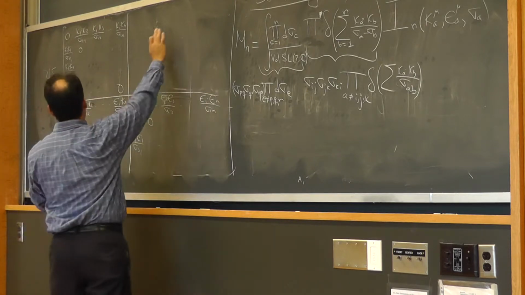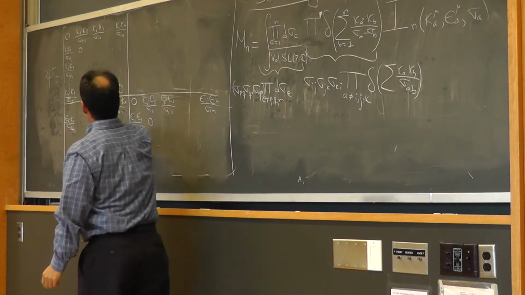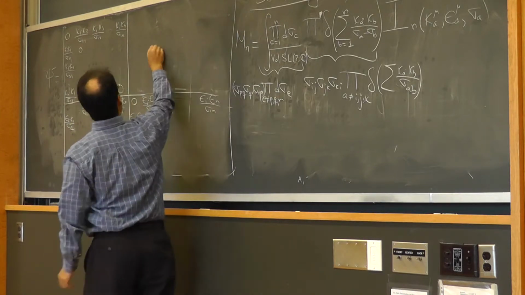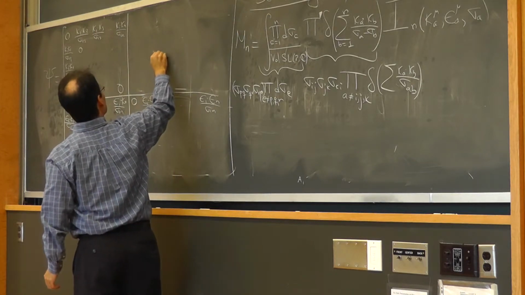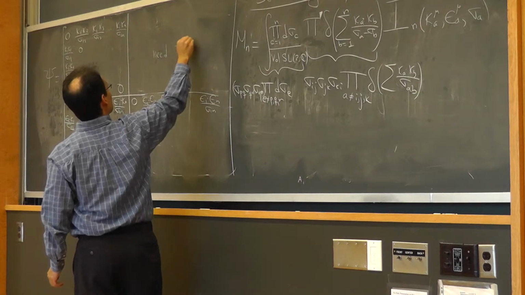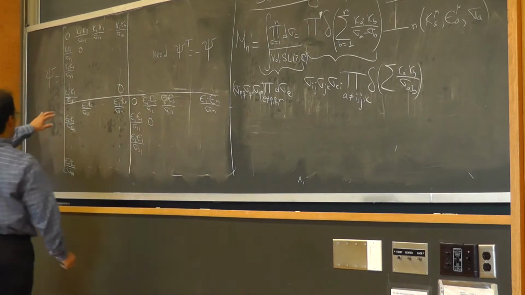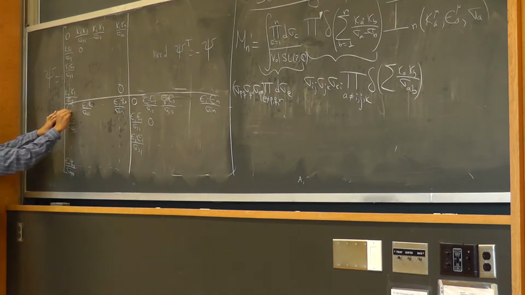Now, this thing over here is whatever is needed to make the matrix antisymmetric. So we need psi to be antisymmetric, okay? I haven't told you what these entries are.